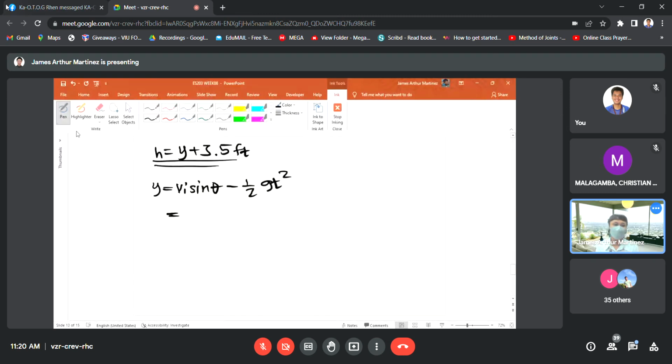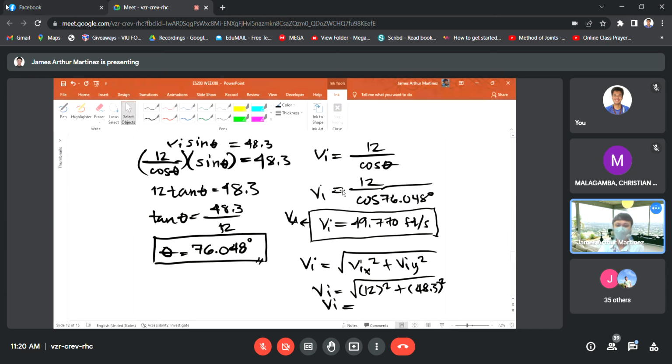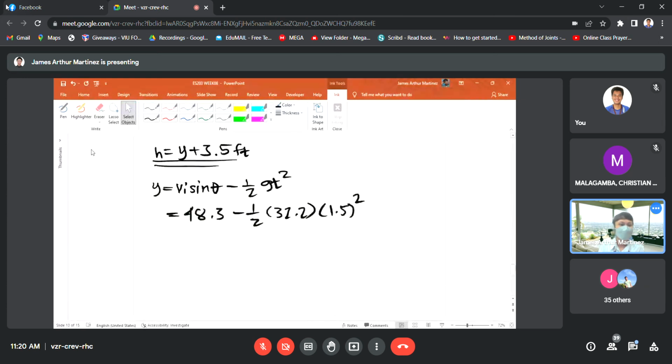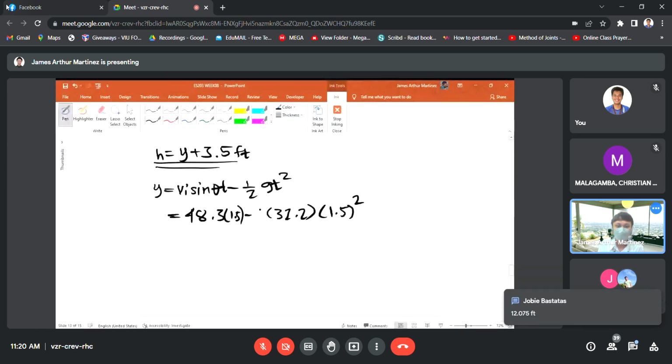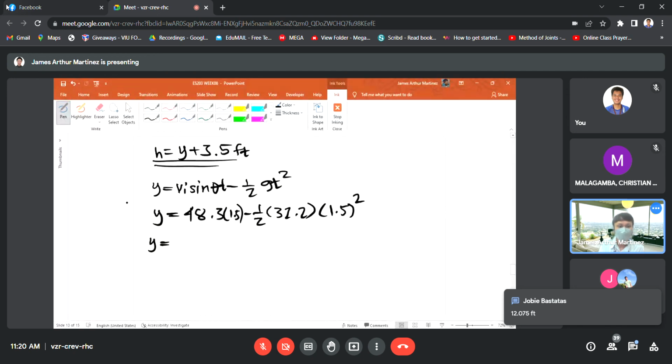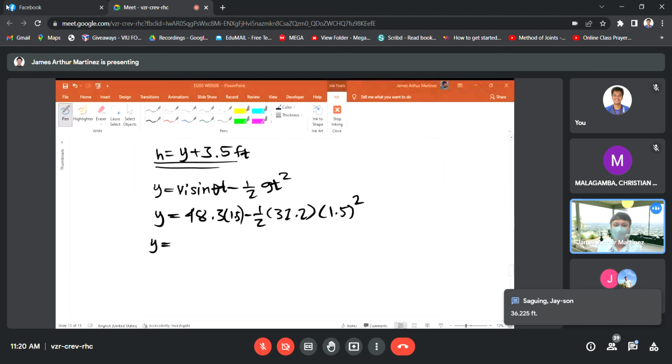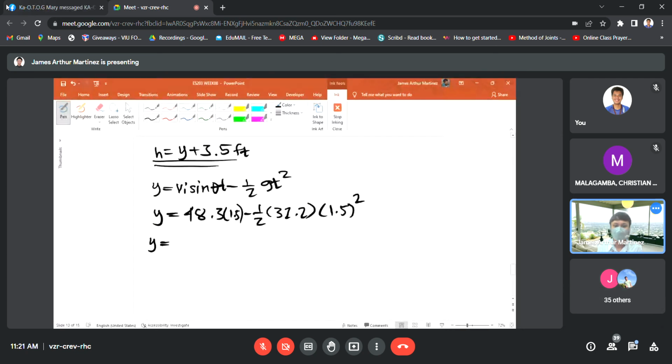So 48.3 times time 1.5, minus 1/2 times 32.2, our gravity, times time 1.5 squared. So how much is y? y equals 36.225 feet.